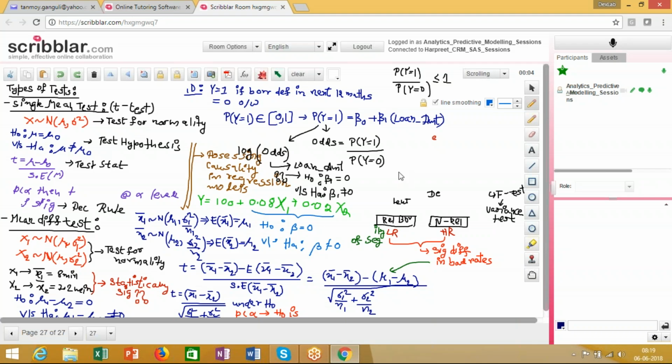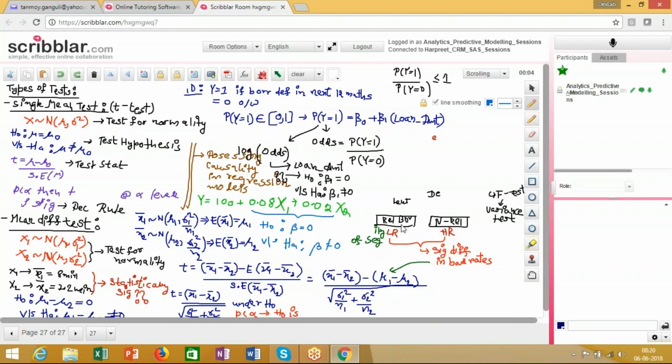Now, how do we do the test? The test is done using the t-test statistic, the value minus mean divided by the standard error.